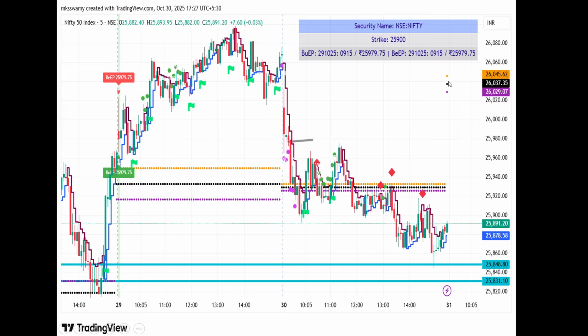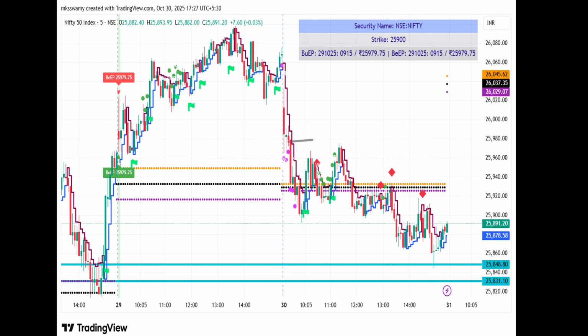See now, before closing, a CPR has already formed over here at the top, indicating that is a resistance for the market. 26,037 to 26,045 is the resistance for the market.